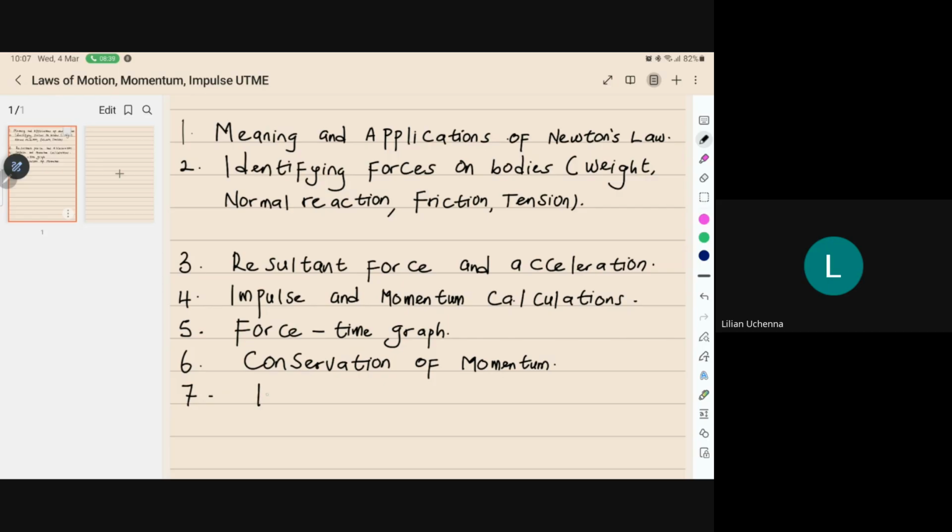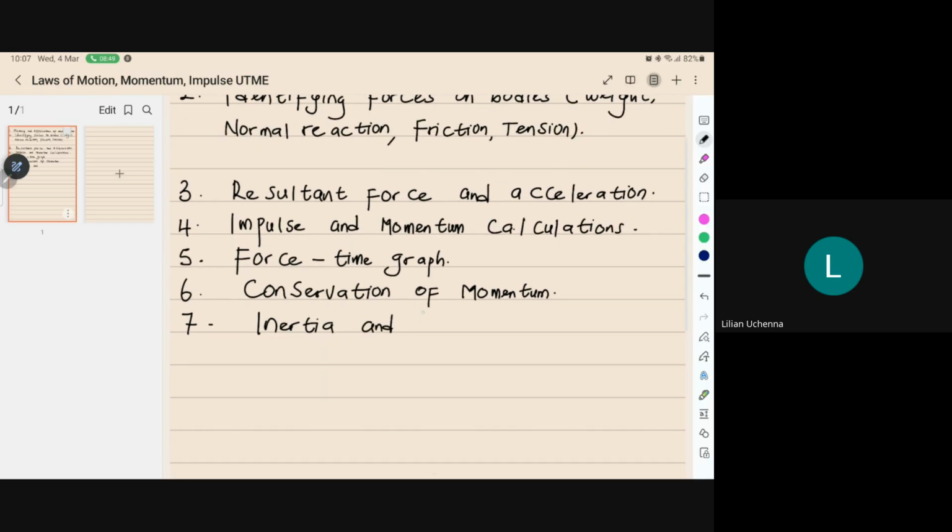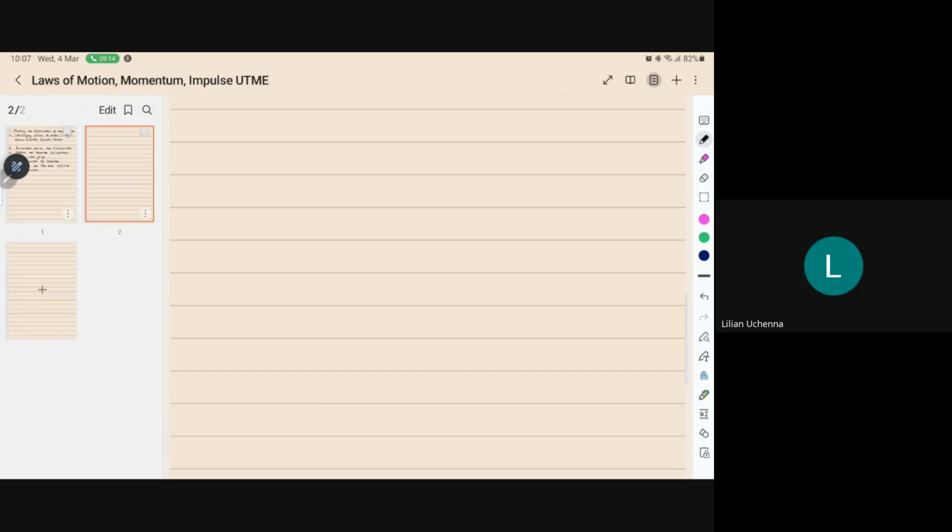Then you should know about your inertia and how it affects acceleration. All right, so that's for that. So do well to actually get used to all of these things, and that will really help you overall. All right, so let's kickstart with force.